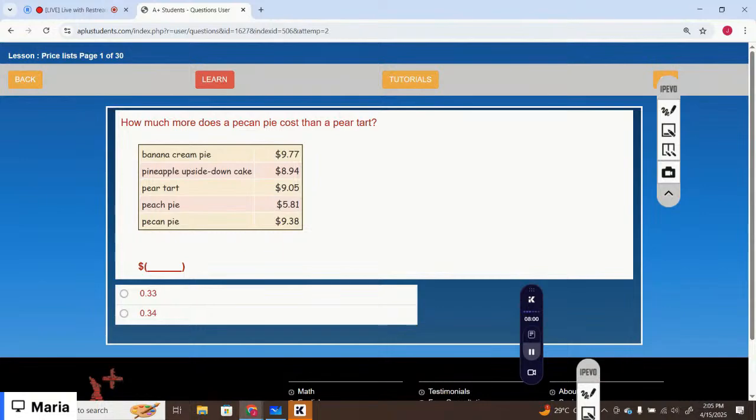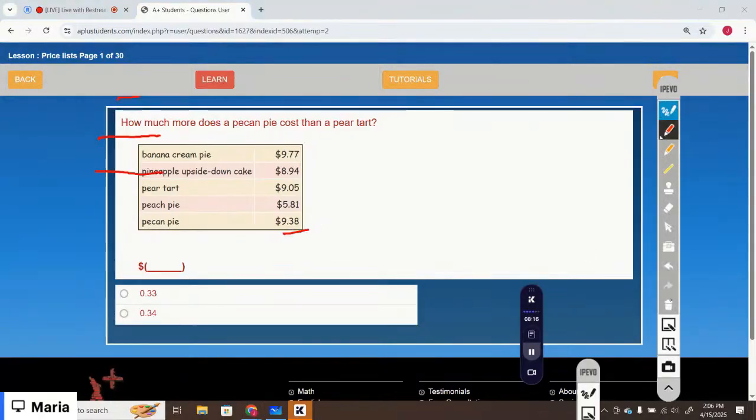How much more does a pecan pie cost than a pear tart? Pecan pie is $9.38 and pear tart is $9.05. You have to see how much more the pecan pie costs than the pear tart. So you need to subtract their costs. 9.38 minus 9.05.